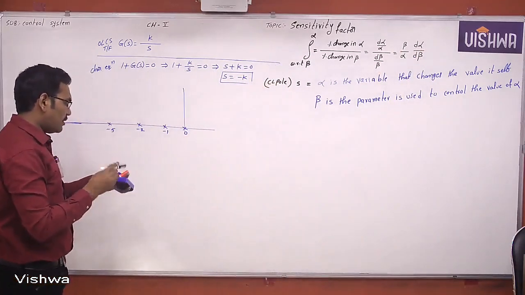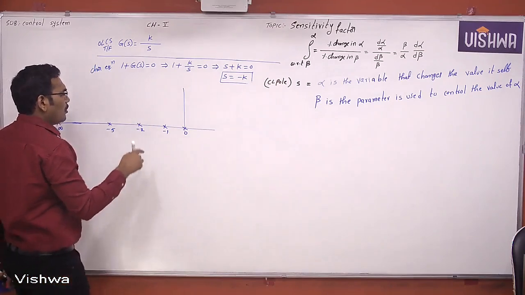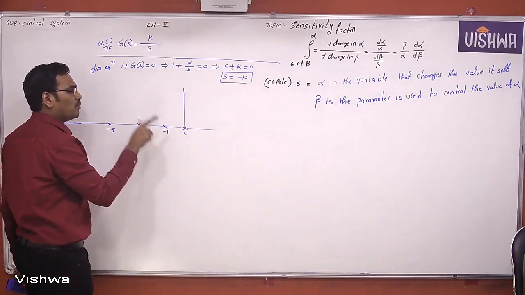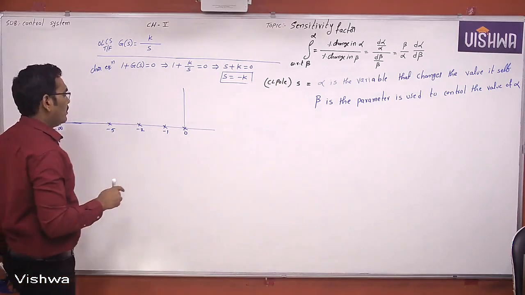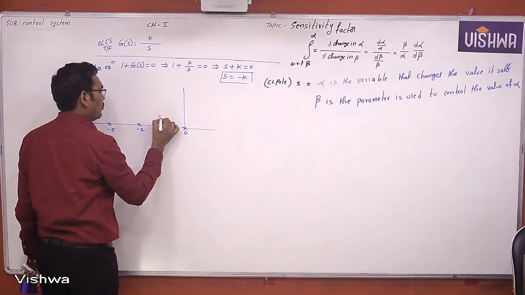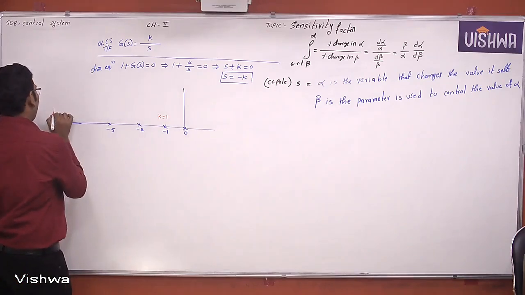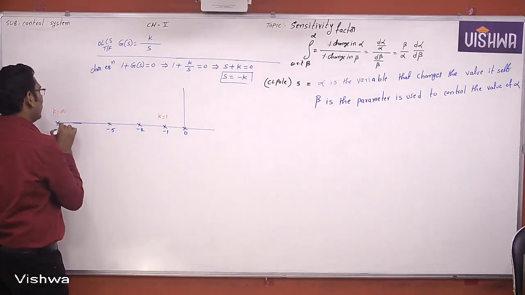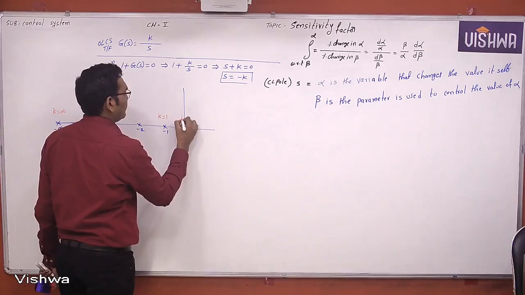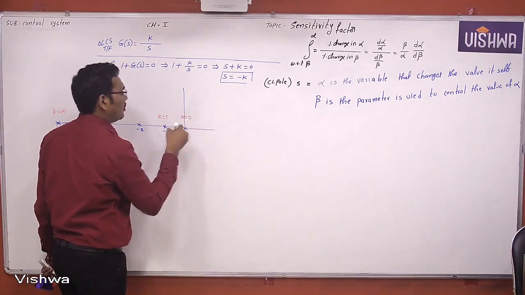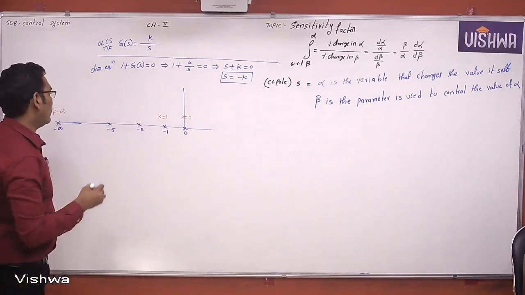Now I am asking one question. Who is saying that the closed loop pole is at -1? When K equal to 1, only then the closed loop pole is at -1. When K equal to infinity, the closed loop pole is at -infinity. When K equal to 0, the closed loop pole is at the origin.